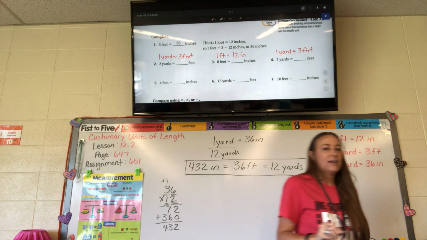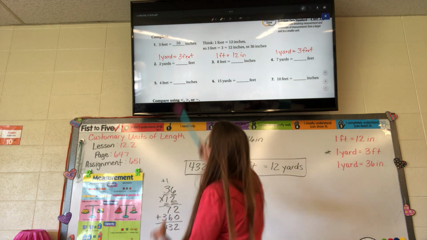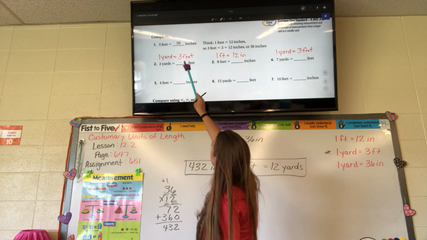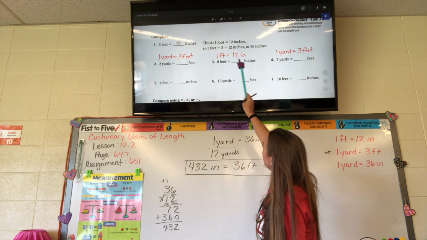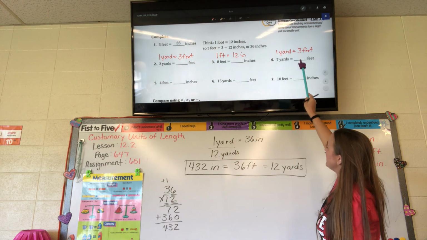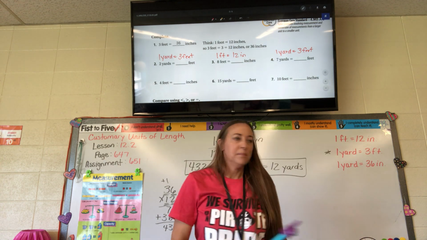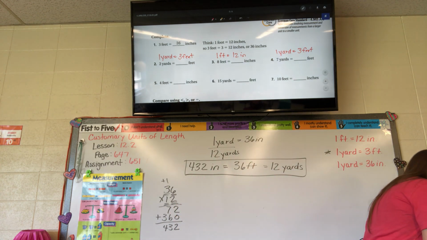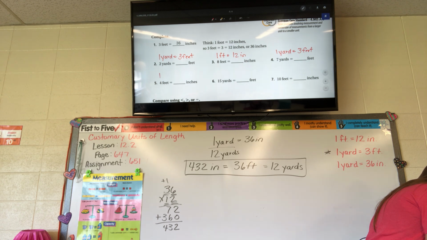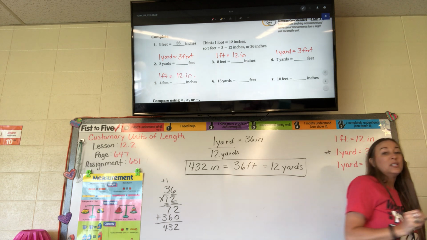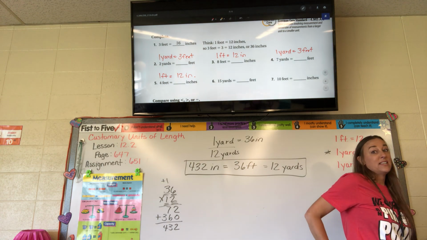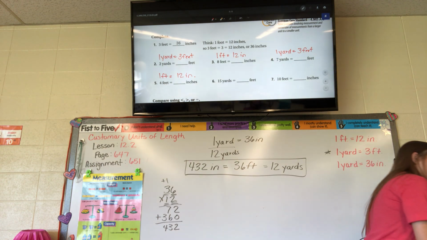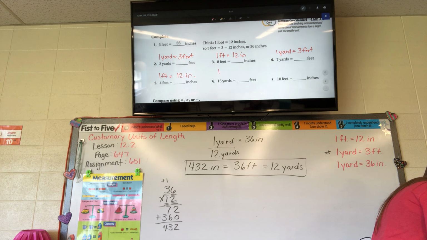So now all you have to do, guys, is multiply 3 times 2 and get that. 12 times 8 and get that. 3 times 7 and get that. Are you with me? Okay. And then we have 1 foot equals 12 inches. I would like you guys to write the conversions, I think, especially until you get them down really well. I think it will help you.